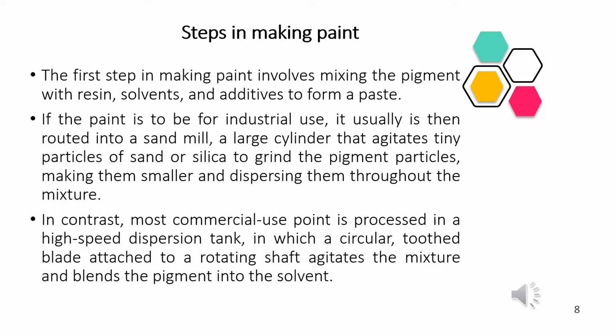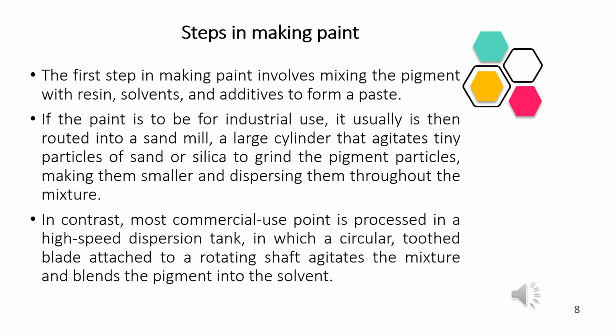How are paints made? There are several steps involved in the making of paints. The first step in making paint involves mixing the pigment with resin, solvents and additives to form a paste.